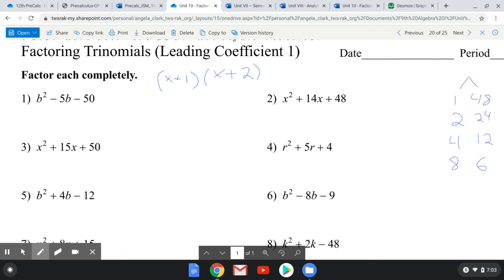So these are the things that multiply to 48. These are the ways we can multiply two numbers to get 48. So now let's talk about the next step of how we figure out which one of these we're using.